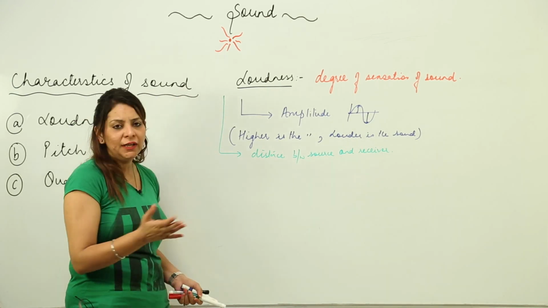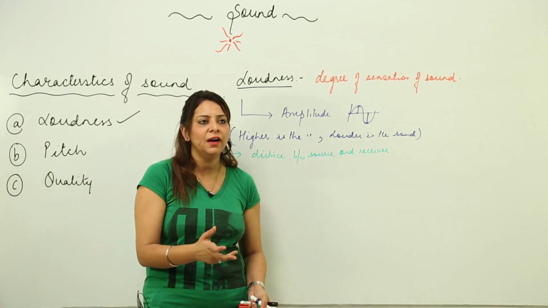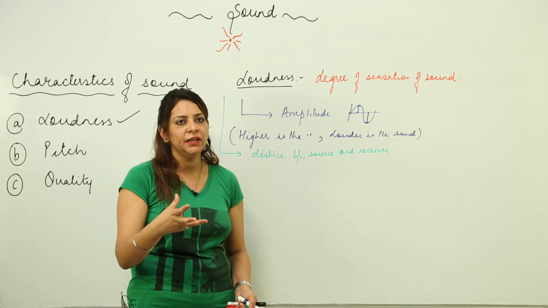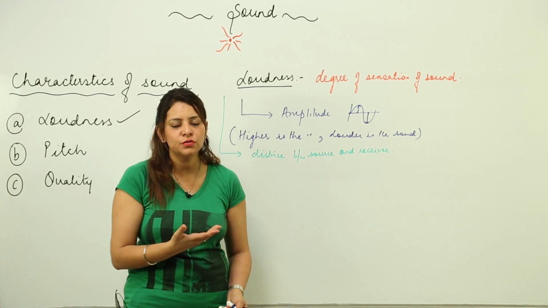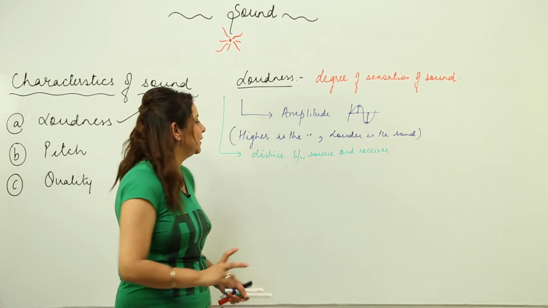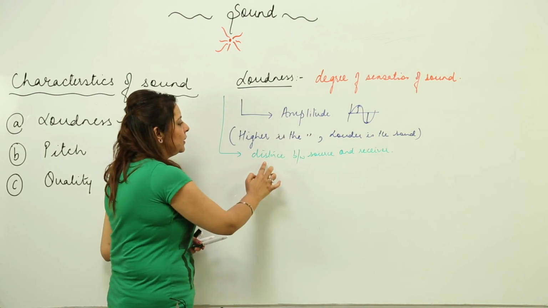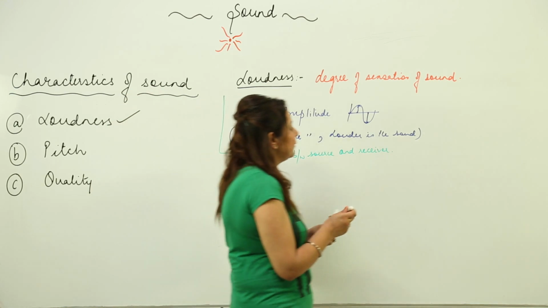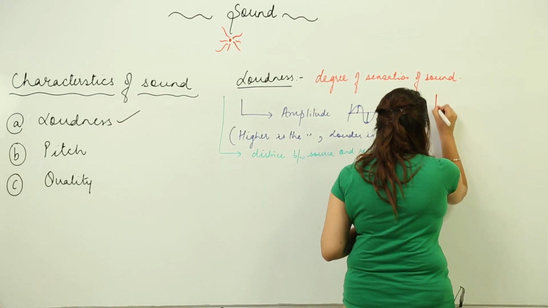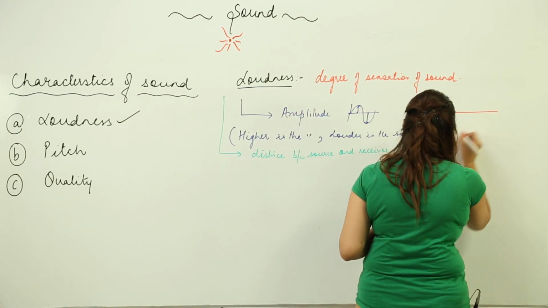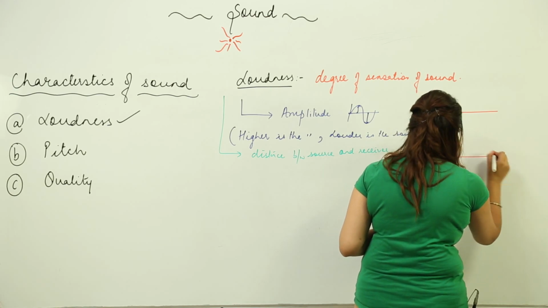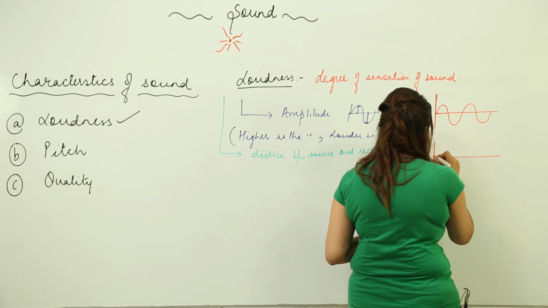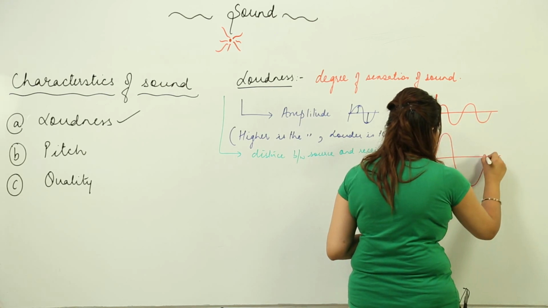Moreover, it depends upon many other factors like the surface area, and the weather conditions around you. But the main 2 factors which it depends upon are the amplitude and the distance between source and receiver. If I want to plot a graph to show you the graph for the louder sound and the graph for the fainter sound, suppose I have one graph like this and one graph like this.